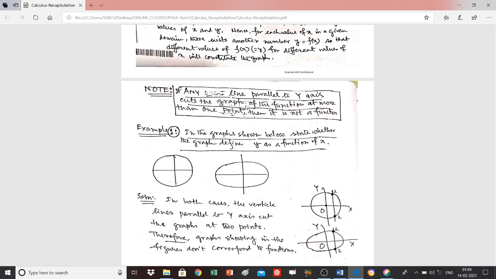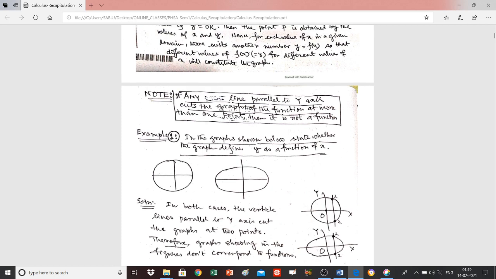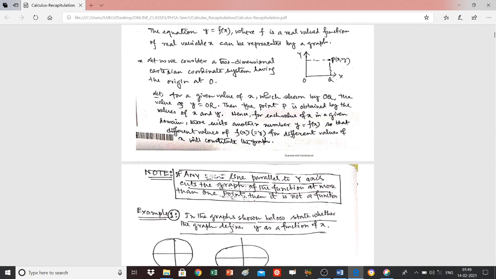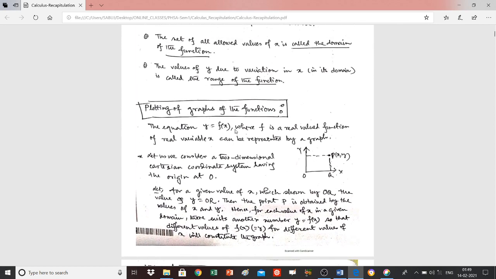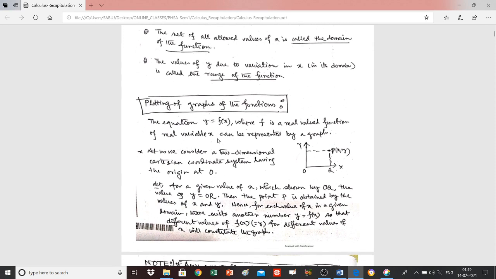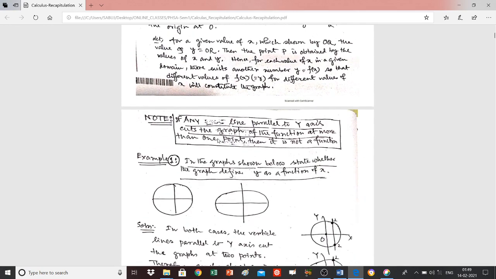So just to remember it, you plot the given equation y is equal to f(x), and after plotting, if you draw any line parallel to the y-axis and it cuts the graph at more than one point, then it should not be a function.